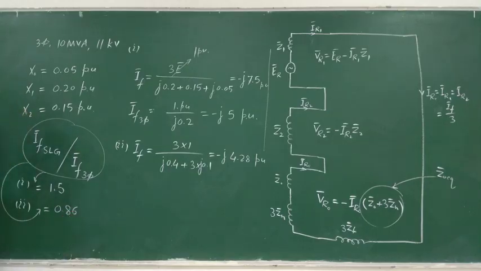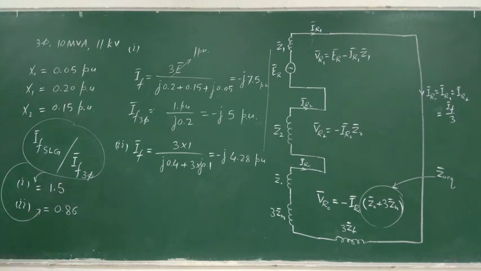Okay. We can conclude that for the first case, this fault is more severe than this, 50% more severe, is not it? But for this case, this fault is less severe than this, as the ratio is less than 1.